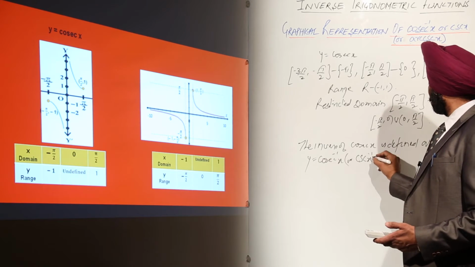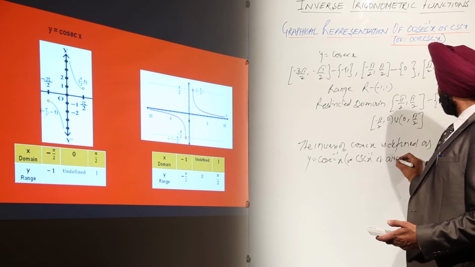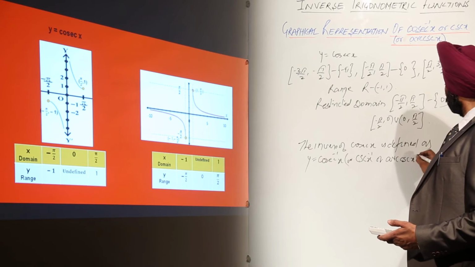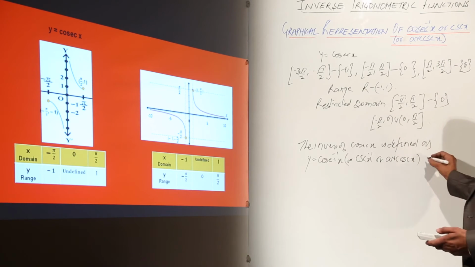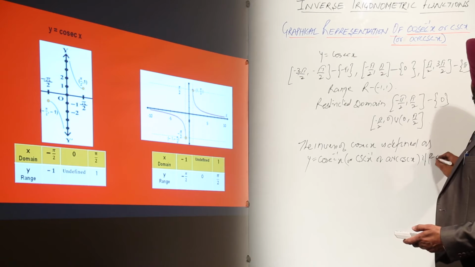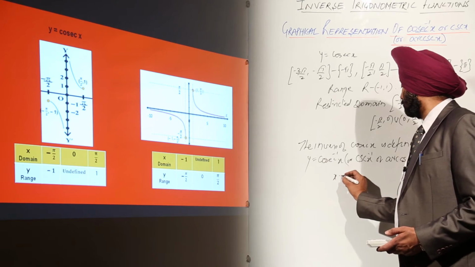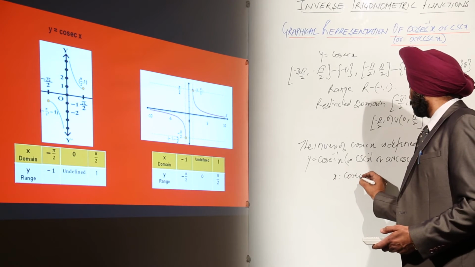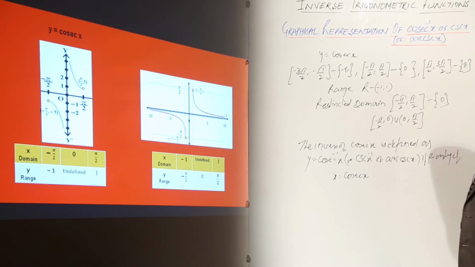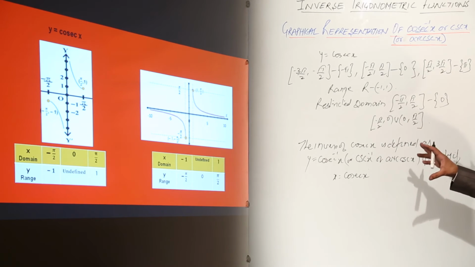Or we can write it as cosec inverse of cosecant x, or arc cosecant x. Okay. We can write anything, if and only if, when y equal to cosecant inverse x, we have x equal to cosecant y. Okay. So this is the simple definition for it.